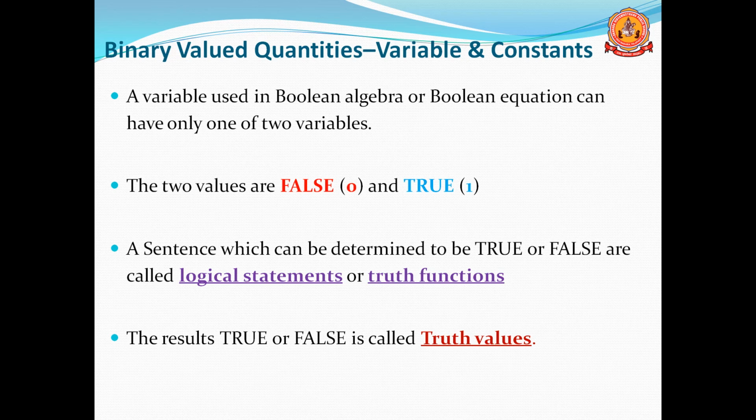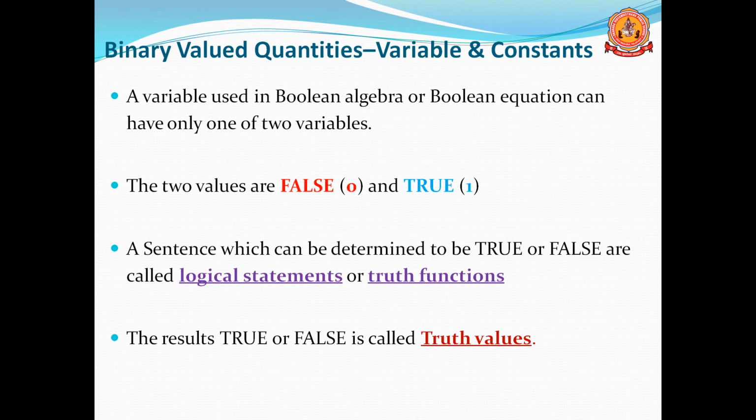The answer should be either true or false. That type of statement is known as a logical statement, or also a truth function. If we take a logical statement or truth function, the output may be either true or false. Other than that, we won't get any other output.